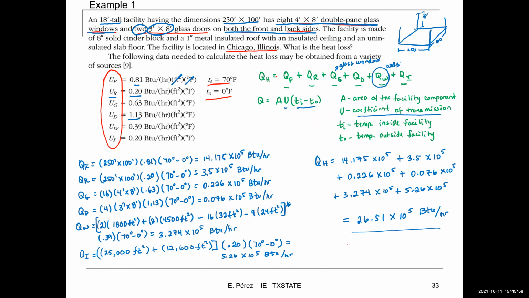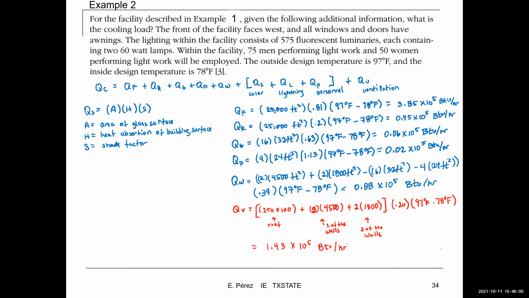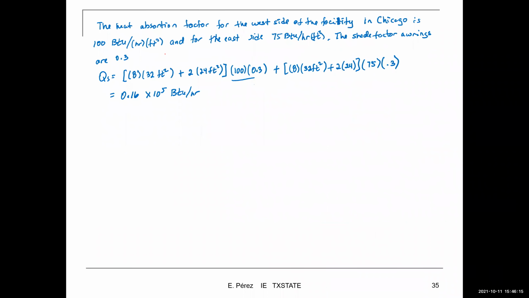So in this case, let's see what type of lighting we have. We have fluorescent luminaries, stated here, 575 luminaries, each containing two 60-watt lamps. So we're going to use that information for fluorescent lights.